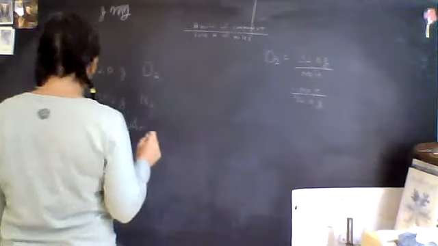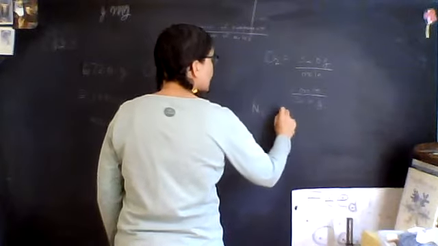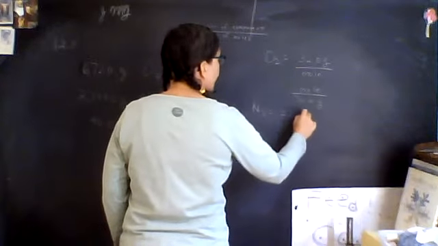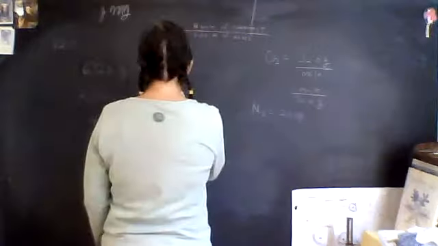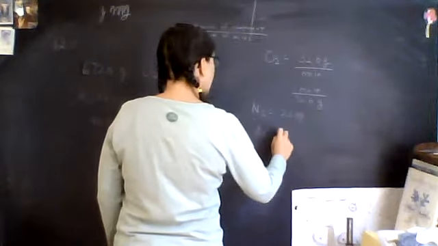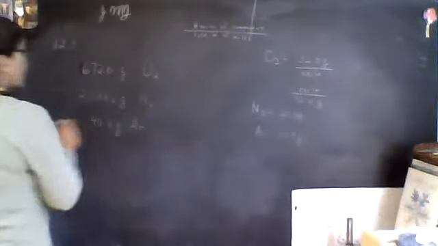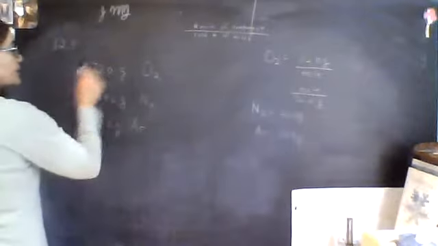Nitrogen is 14.0, so that's 28.0 grams in each mole. And how about argon? 39.9 grams per mole. So we're going to multiply all these numbers by these conversion units.